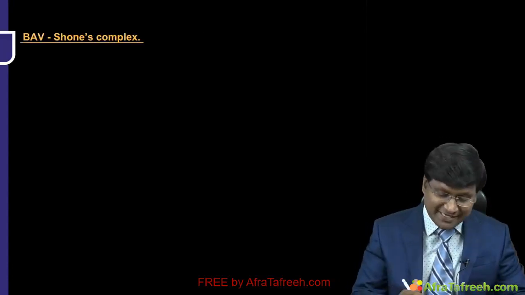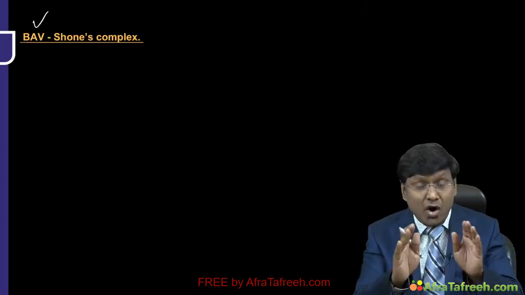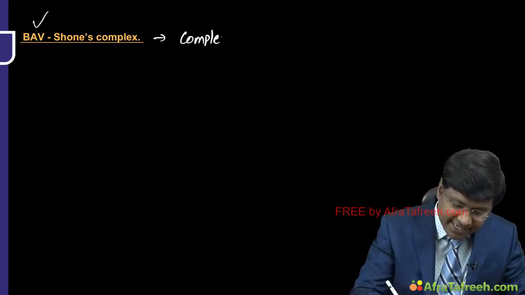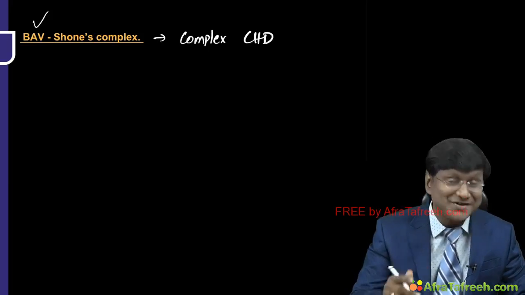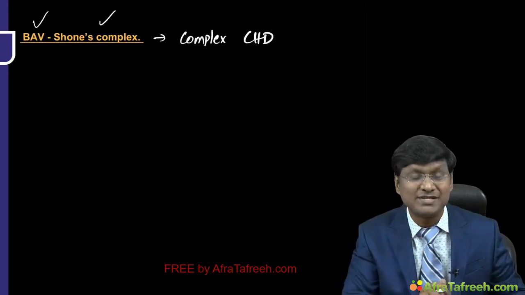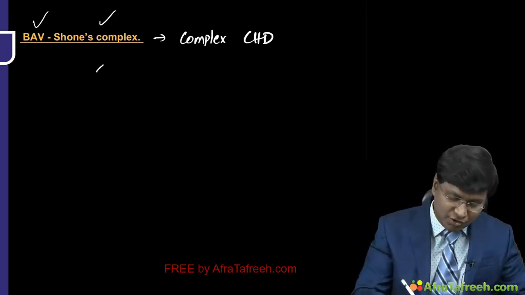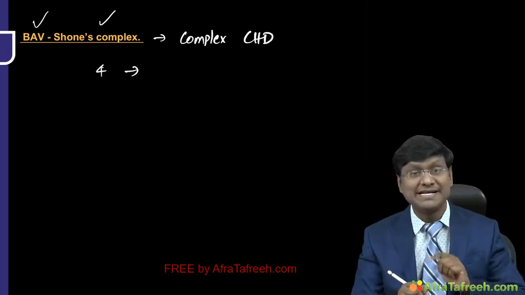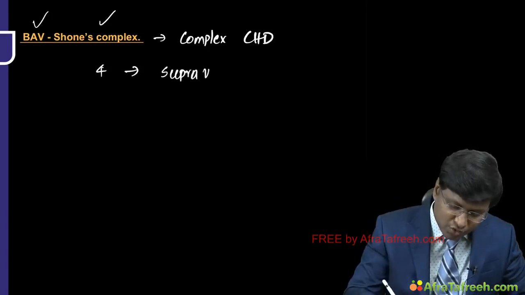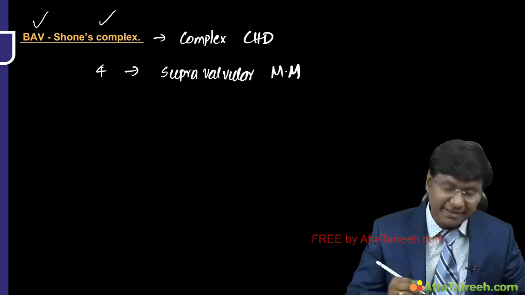And this particular bicuspid aortic valve is a component of a complex congenital heart disease. And what is that complex congenital heart disease? That will be the Shone's complex. What are the components of the Shone's complex? There are totally 4 components. That includes, number 1, the presence of the supravalvular mitral membrane, right?